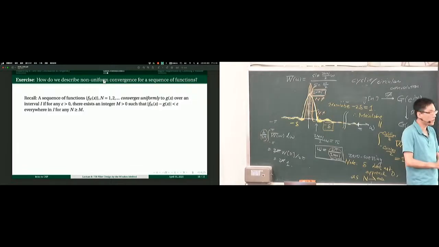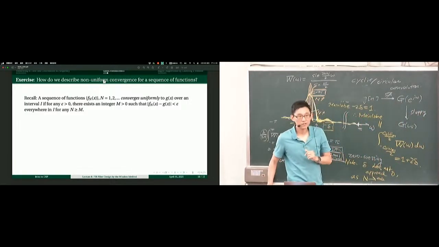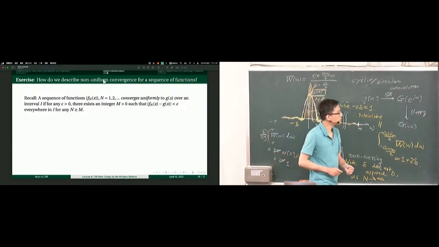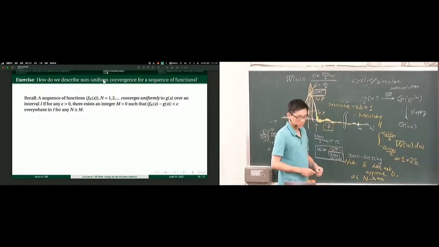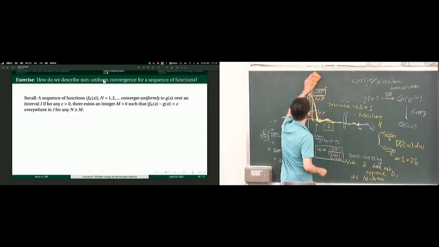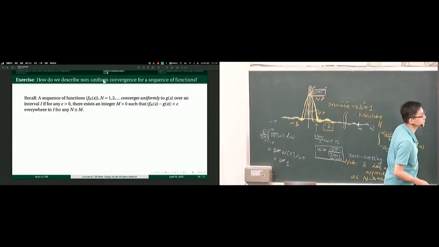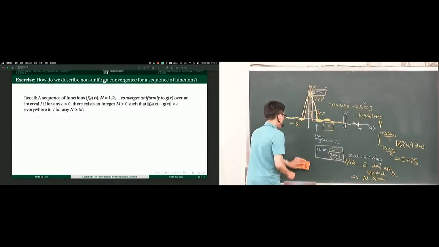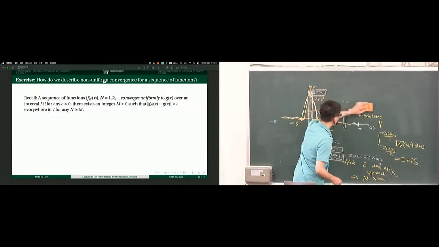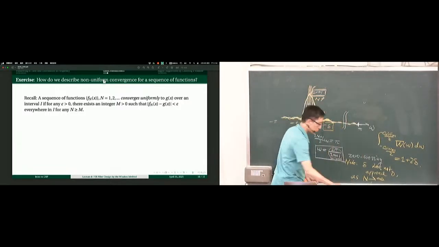It needs to converge, but yet not uniformly. How do you describe that?